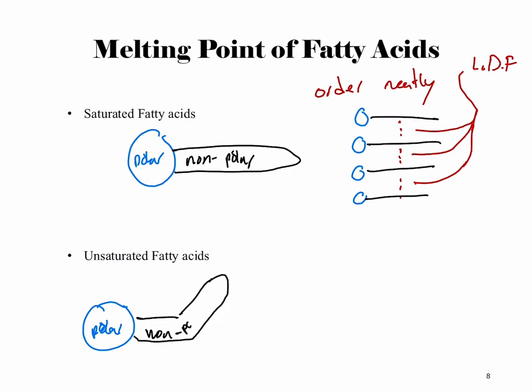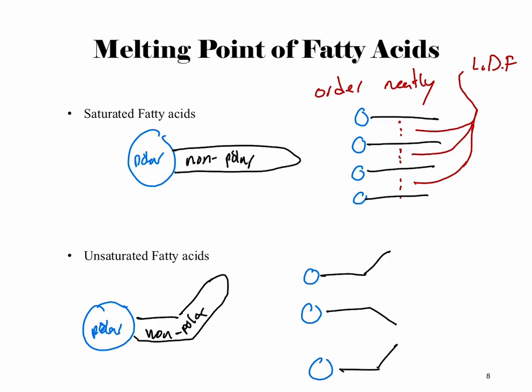And so this kink can restrict the way that these lipids can orient themselves. So let's say this one goes down, and this one. So maybe we have a lower density of the fatty acids here.